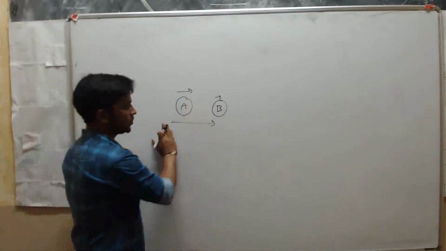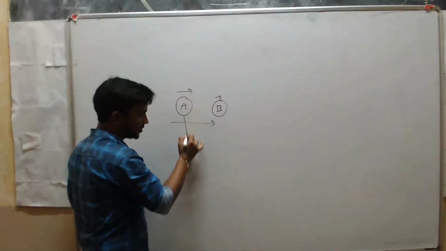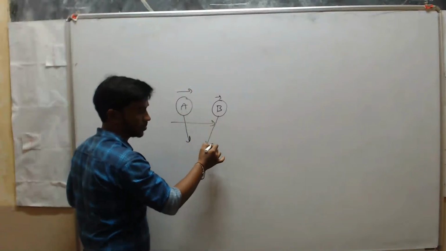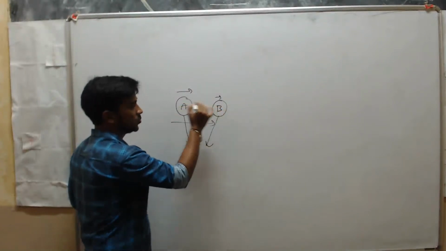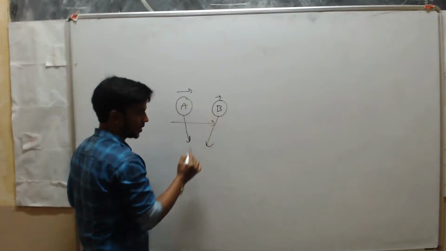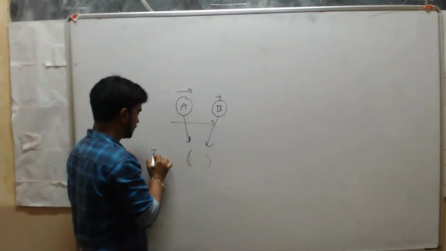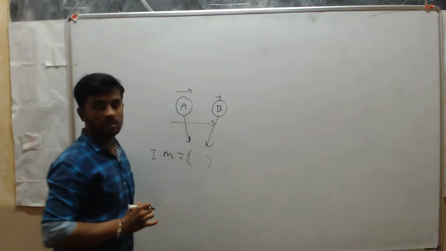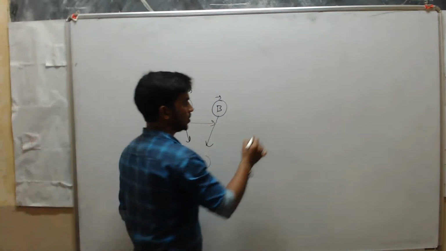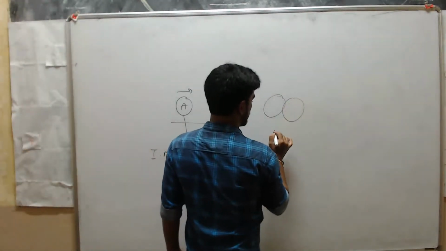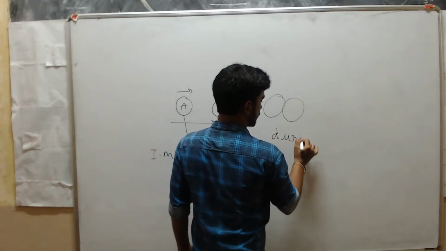Now if we calculate the momentum of these two objects, you will get one value, so we call it the initial momentum.